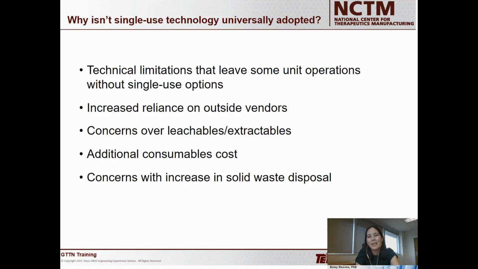Again, when we're talking about lysis, you can switch to a chemical-based lysis procedure if you wanted, but some of the unit operations are a little bit more amenable to adaptation to single use compared to others. It's going to increase your reliance on outside vendors. So I think with COVID, it really gave us good insight in terms of the impact of supply chain and how that can impact all of our operations.